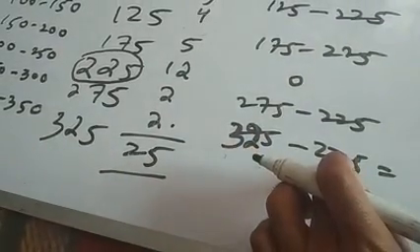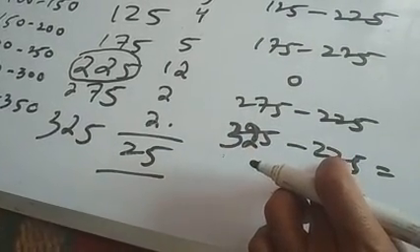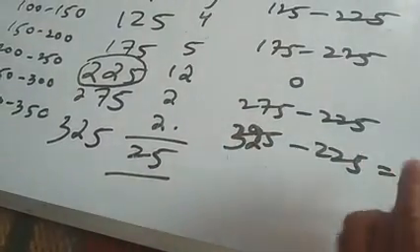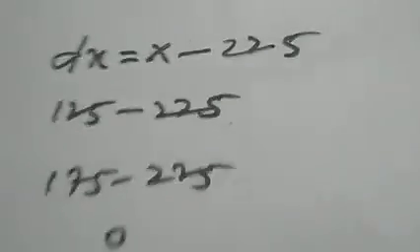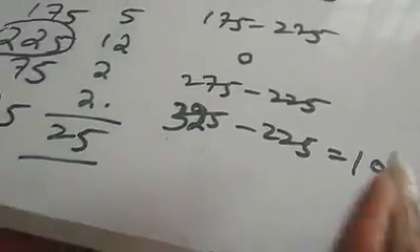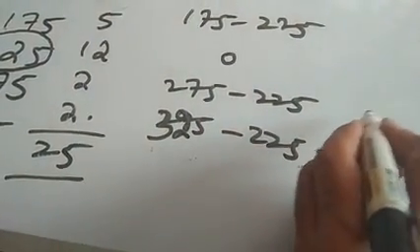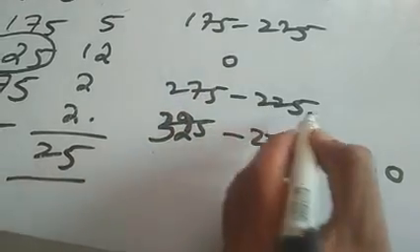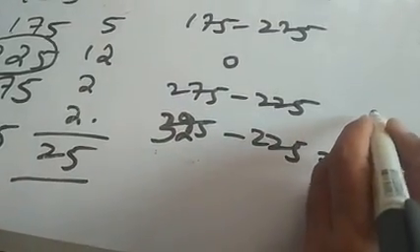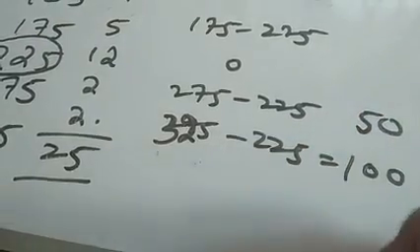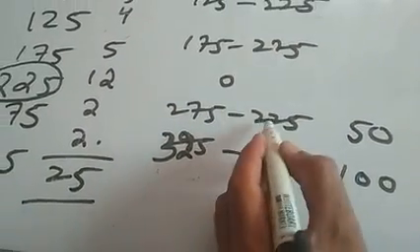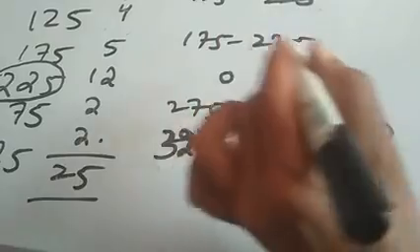So 325 minus 225, I will get 100, and 275 minus 225, it will be 50. This one is already 0.